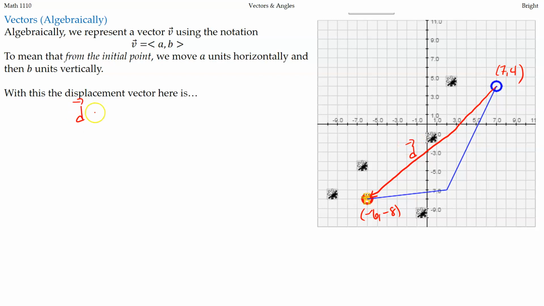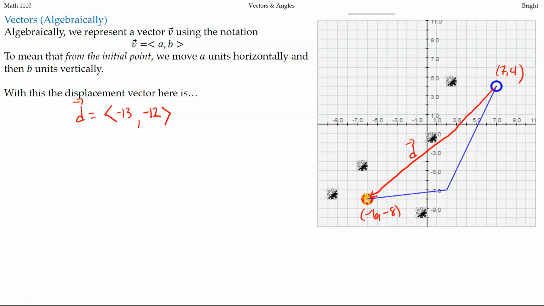Vector D is the same as, and I'm going to use angle brackets. I want you to try and name this on your own first. Again, A represents the total horizontal movement, and B represents the total vertical movement. Try that on your own, and then resume the video.